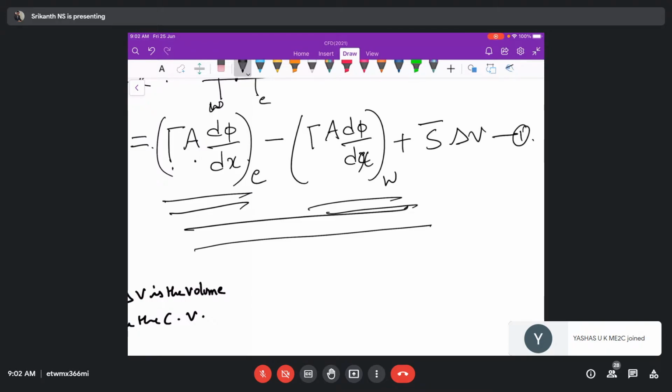So in some way, it is trying to tell us whatever the rate of change of property that is going out of the east face minus whatever that is coming in. So this is something like out minus in. So it is explaining physics, even though the discretized form is something related to the physics, which we cannot find in the finite difference method. This we have to appreciate. Okay, so we can write it now.